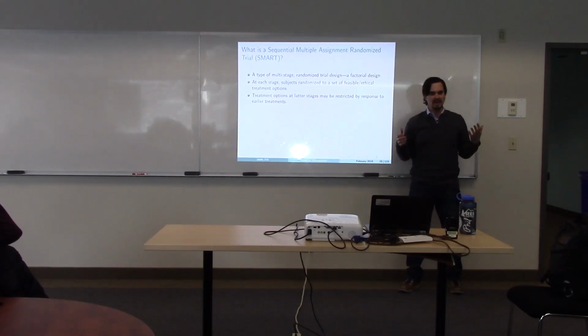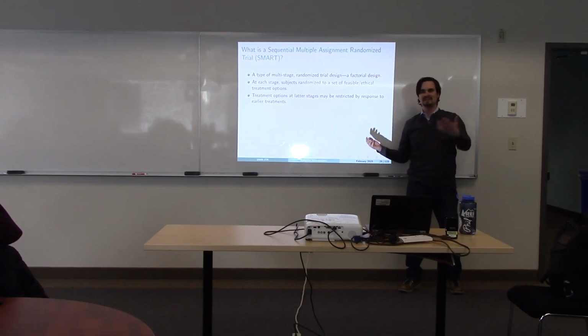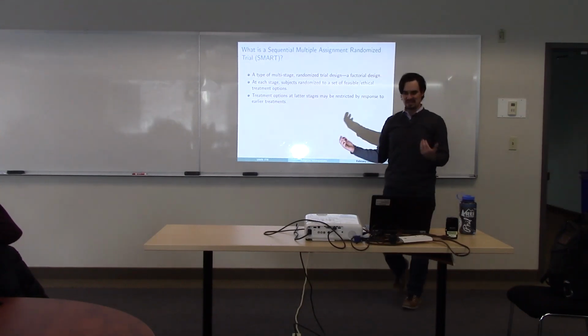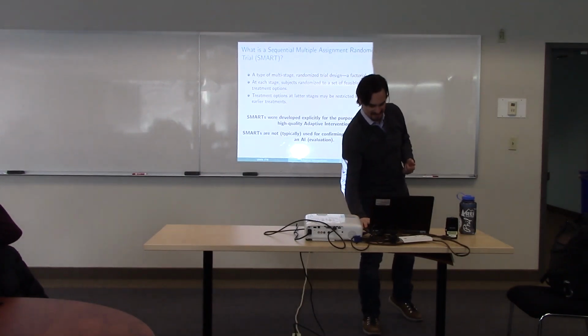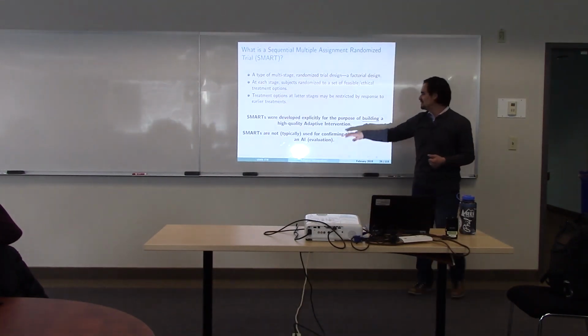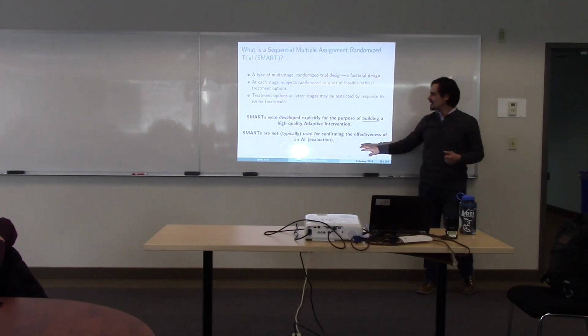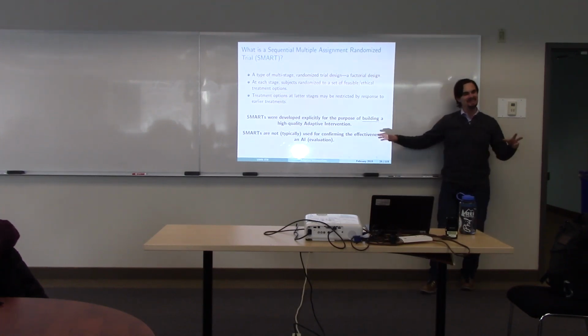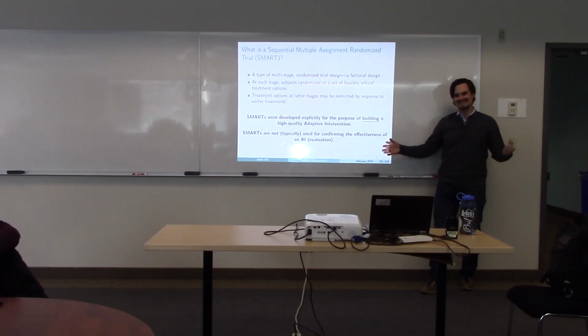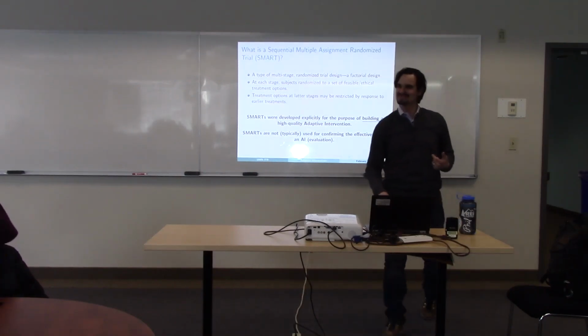So for example, if I know a kid is responding, they don't need the device, then I don't need to randomize the responding kids to have the device, right? We can do that in the SMART. It's pretty exciting. They were developed for building a high quality or optimizing an intervention. SMARTs typically, and I'm putting typically here because we don't like to be dogmatic, are not used for evaluation, although there are some exceptions.